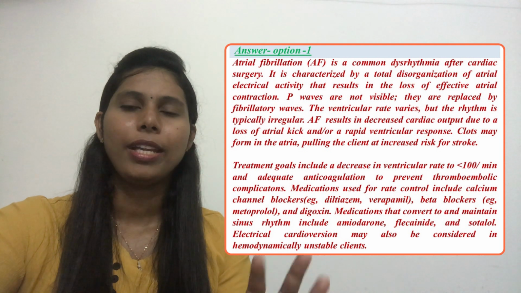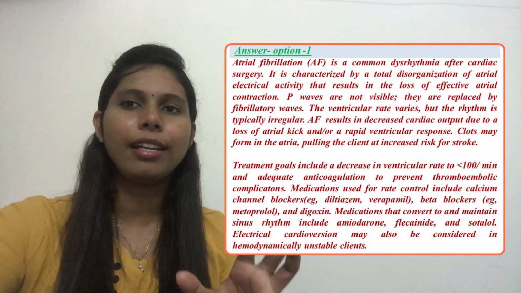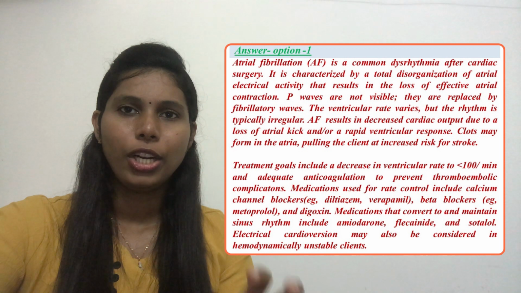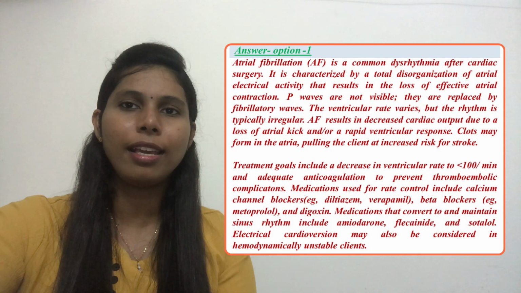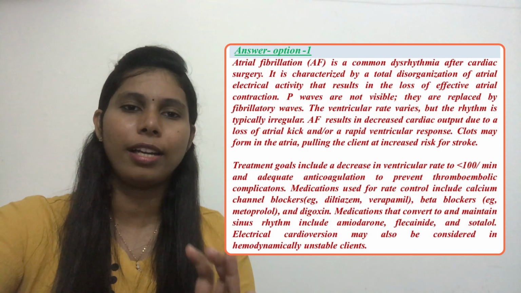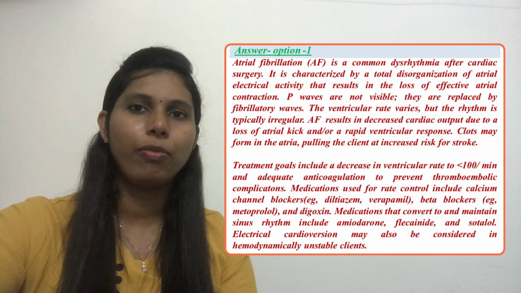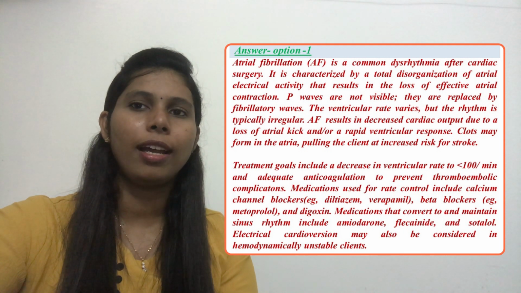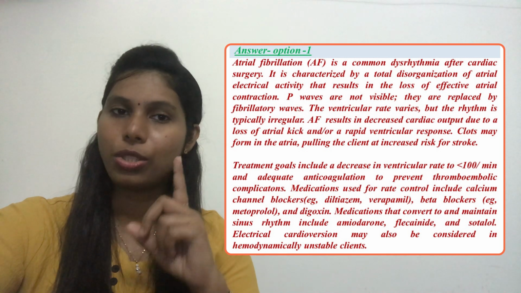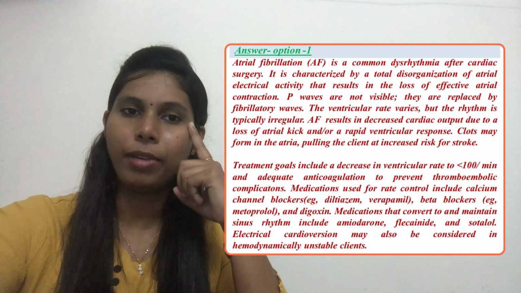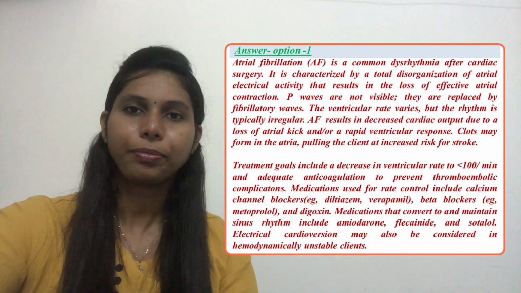Atrial fibrillation results in decreased cardiac output due to a loss of atrial kick and a rapid ventricular response. Clots may form in the atria, putting the client at increased risk for stroke. Keep it in mind, very important.